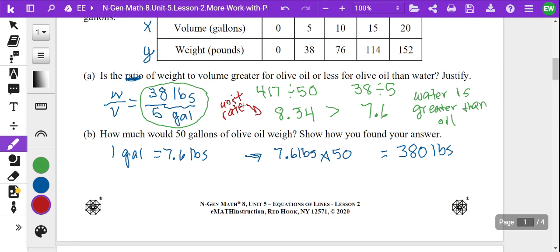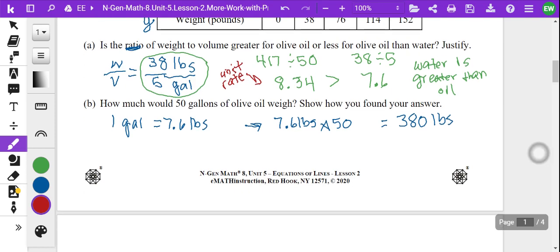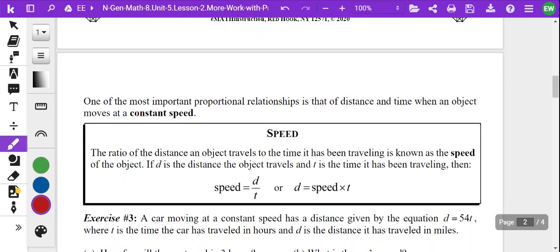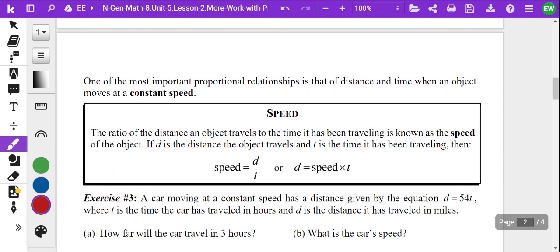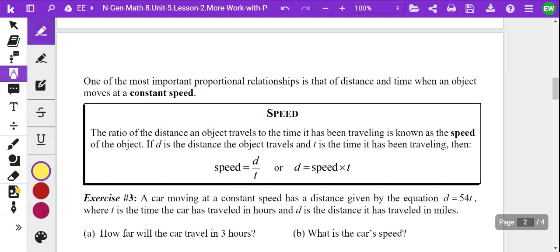All right, so this is going to be really important when we come to our next topic, which is speed, okay? So speed actually follows the same proportional relationship as most things that we're going to be looking at. But we're going to look at the concept of a constant speed. So we're not getting slower, we're not getting faster, we're driving at a constant speed.